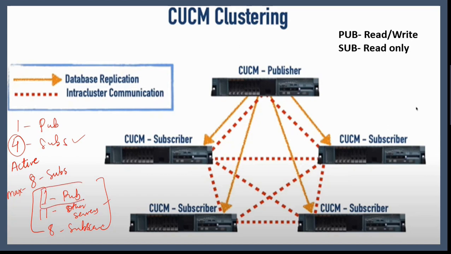We can have only one publisher. We can have 8 subscribers. We can use 4 active, which is the maximum number of active subscribers that a cluster can have, and the rest for high availability as backup. So if one subscriber goes down, the other will take over. This is the total number of supported server types in a CUCM cluster.